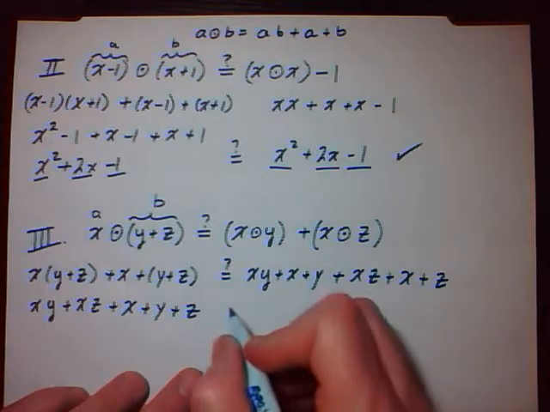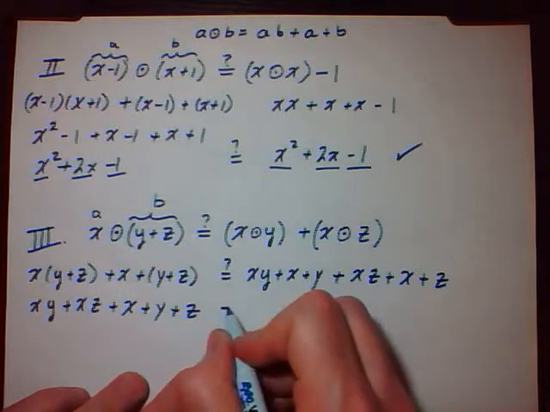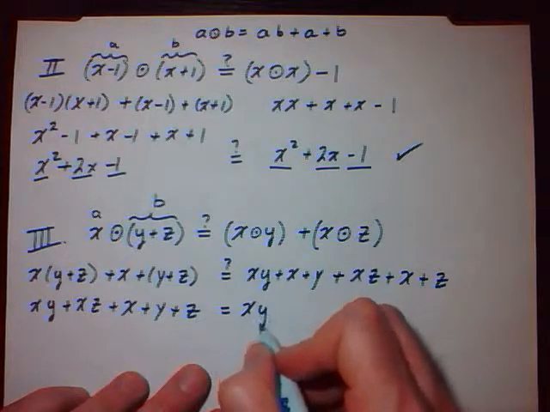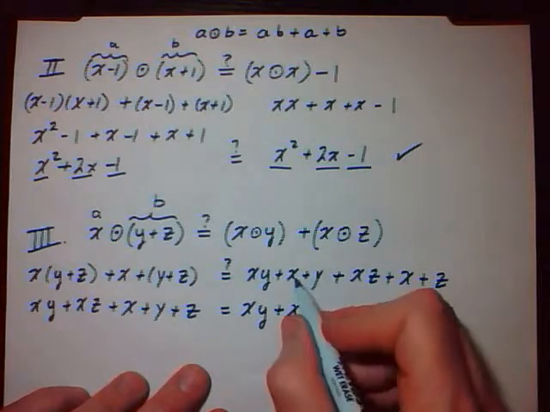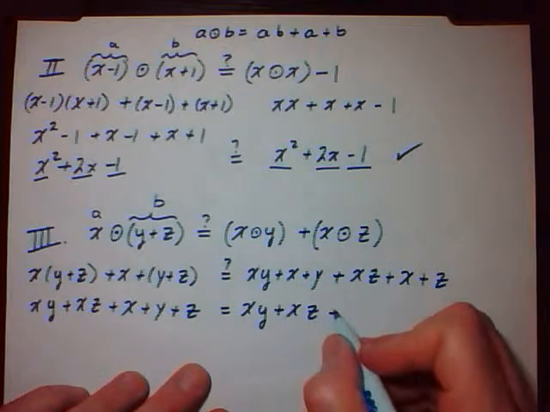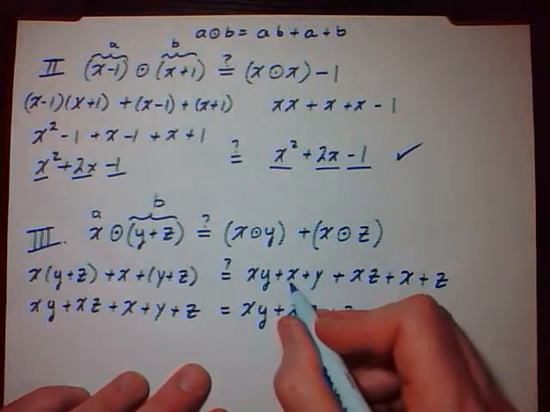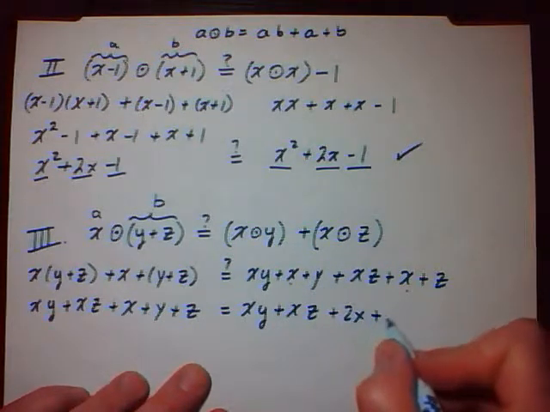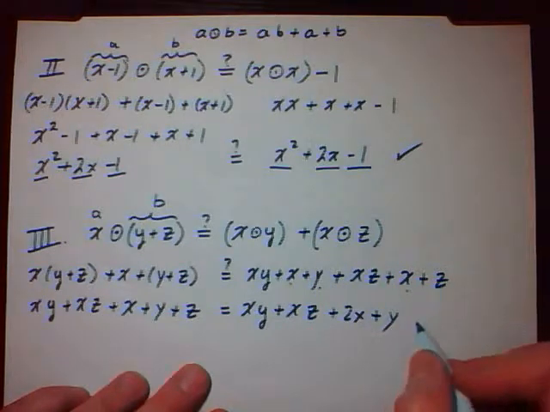And now we need to see if these two expressions are equal. Let's put these in a little more common order. xy, now I'm going to put plus xz, and now I have plus 2x here and there, plus 1y there, plus a z.